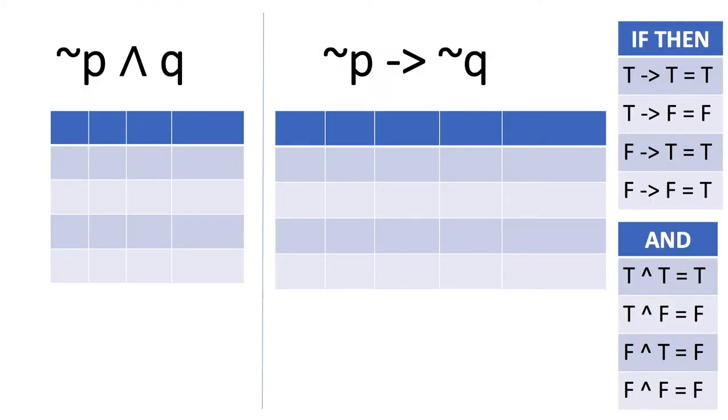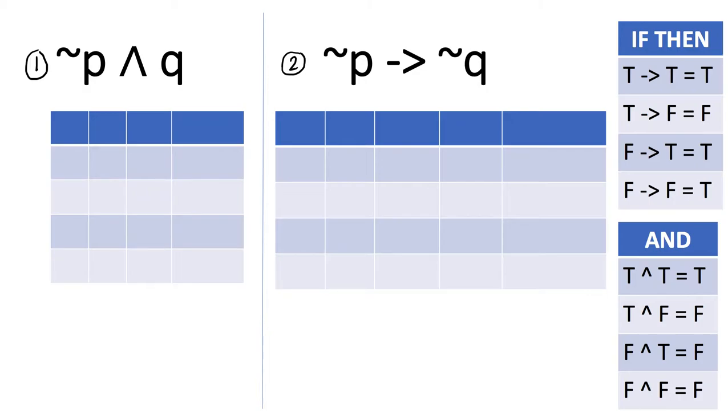So we'll begin here. In this problem, we have two statements. Our first statement is the negation of P and Q. And our second statement is the negation of P, then the negation of Q. So we're going to build a truth table for each of these two statements.